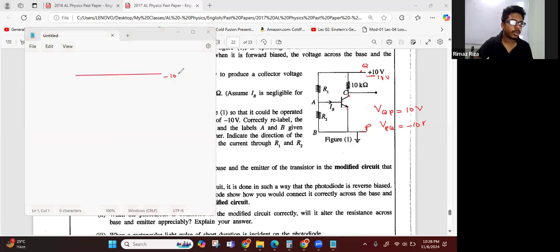So this minus 10 volt line, and then I take this here, and this will be the emitter, base, collector, and then the 10 kilo ohm should be here. And this should be grounded.